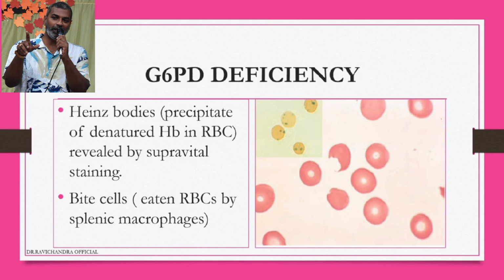So, Heinz bodies are characteristically seen in G6PD deficiency. Bite cells are formed because of the splenic macrophages eating these RBCs to remove these Heinz bodies. So, bite cells are a characteristic feature of G6PD deficiency, which will result in intravascular and extravascular hemolysis.